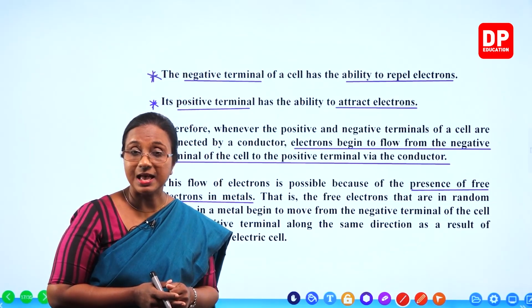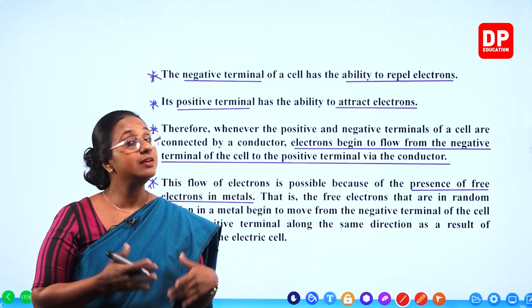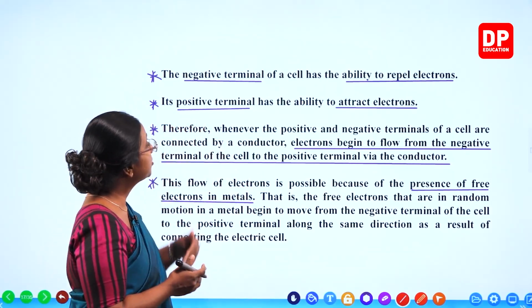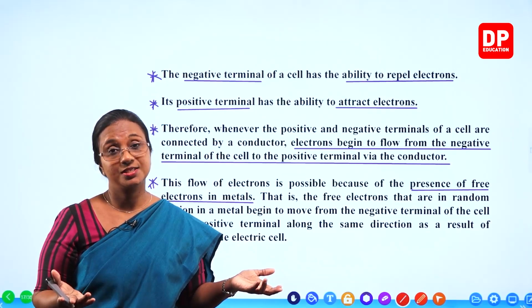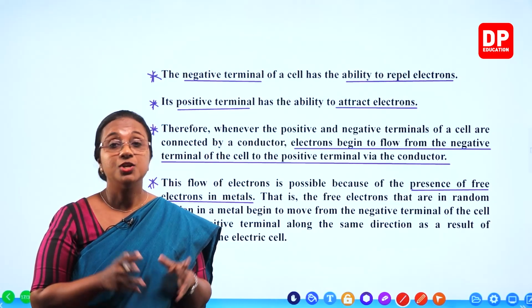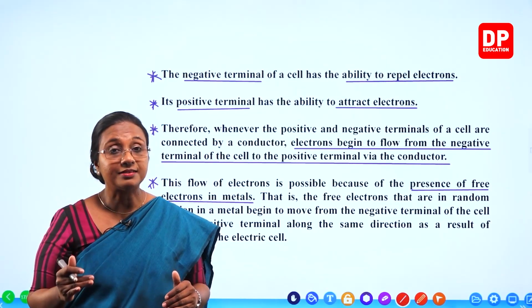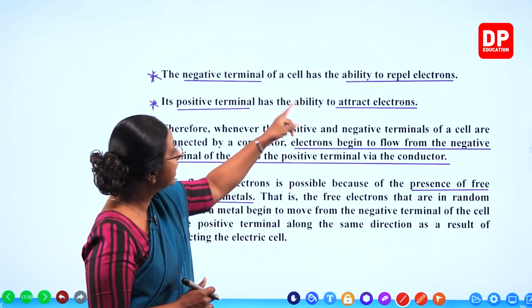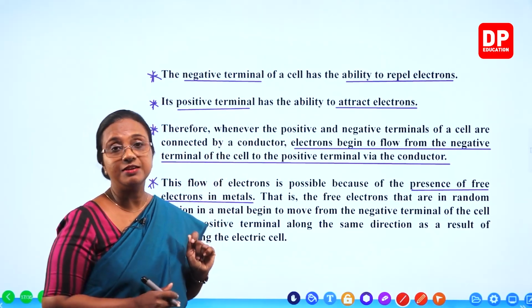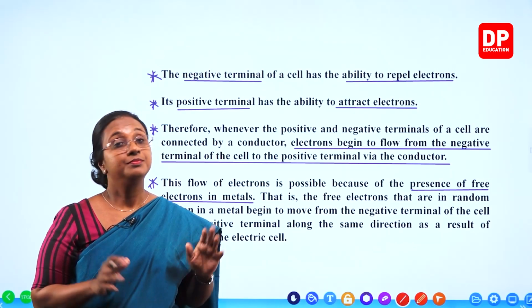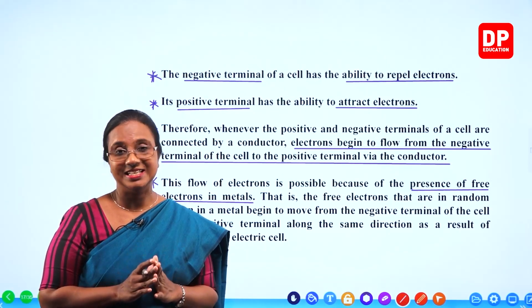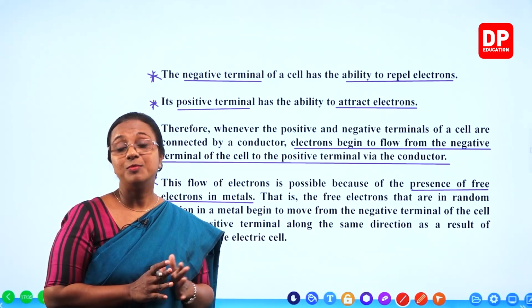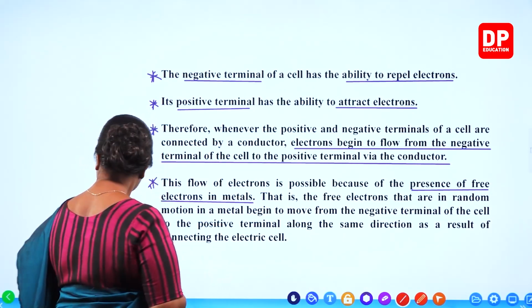The negative terminal has the ability to repel electrons, same charges, and the positive terminal attracts electrons, opposite charges. You all have to remember that. So always, electrons flow from negative terminal to positive terminal. Is that clear to you all, students? I'm sure it is. So with that, I'll move on to the next slide.